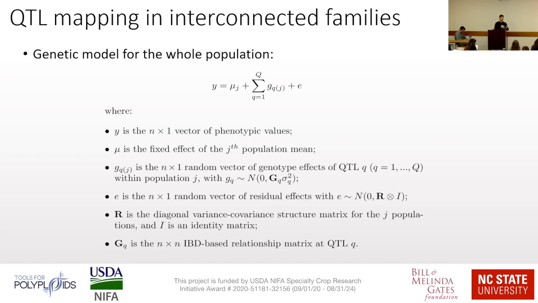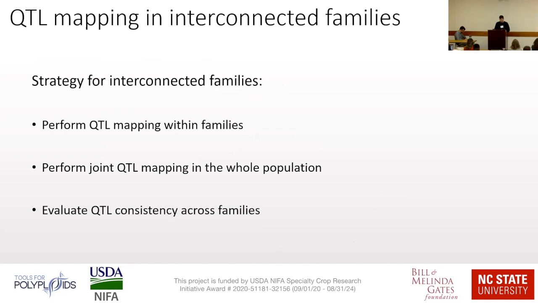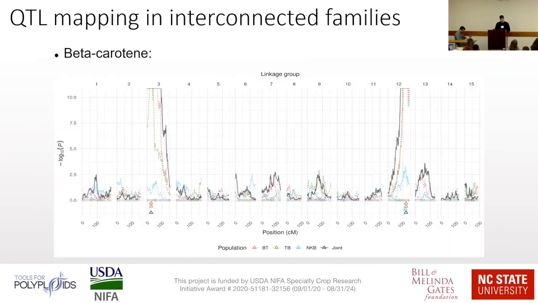In our example, the three populations were evaluated in very different environments, so it makes sense to allow for different residual variance components. So our basic strategy for those interconnected families is to perform the QTL mapping within families first, then perform the QTL mapping in the whole population, and then evaluate the QTL for consistency across families.